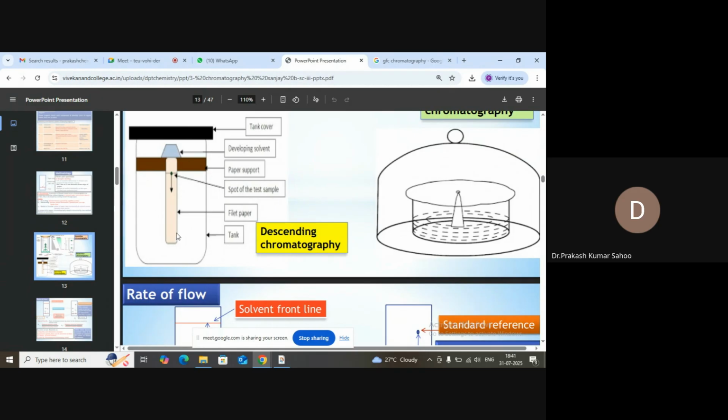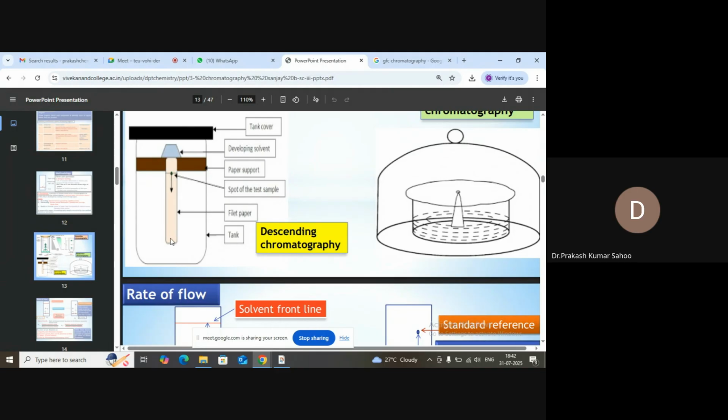And this is known as descending chromatography, in which the paper is hung with the help of a clip or some technical tools, and the top of the paper, the tip of the paper, is dipped inside the solvent, and the reference line is at the bottom.